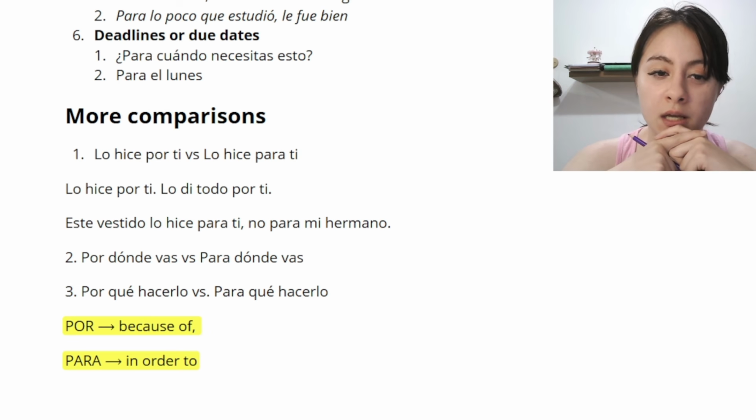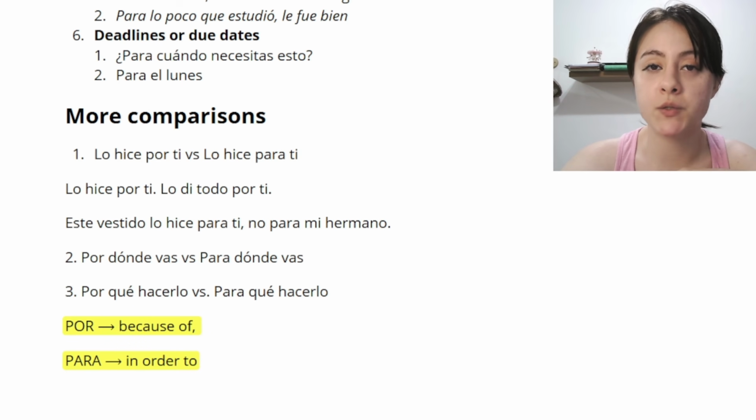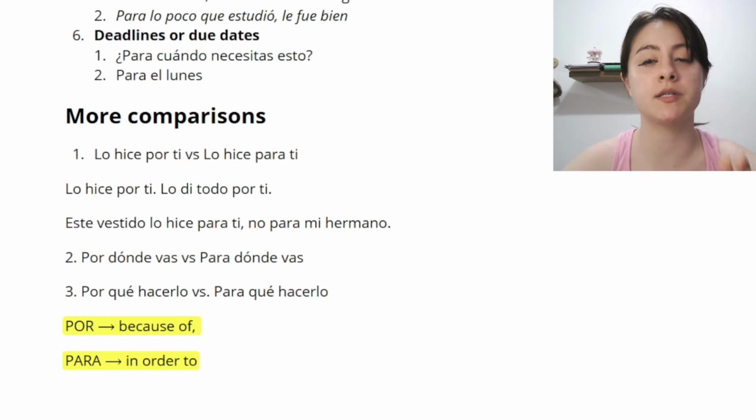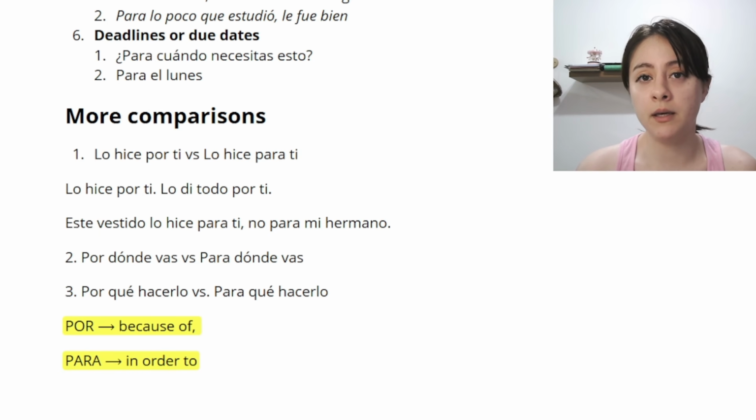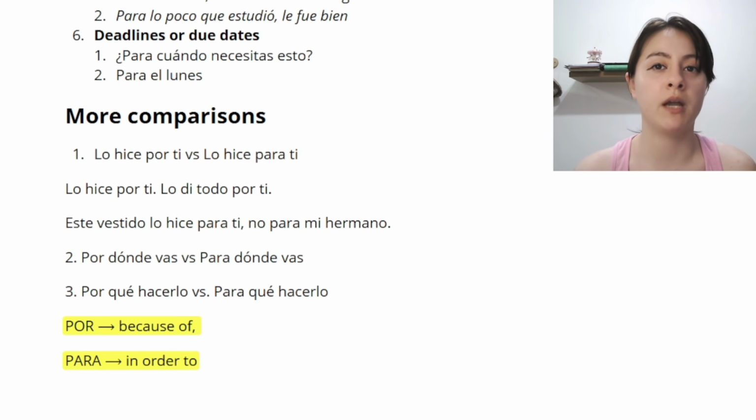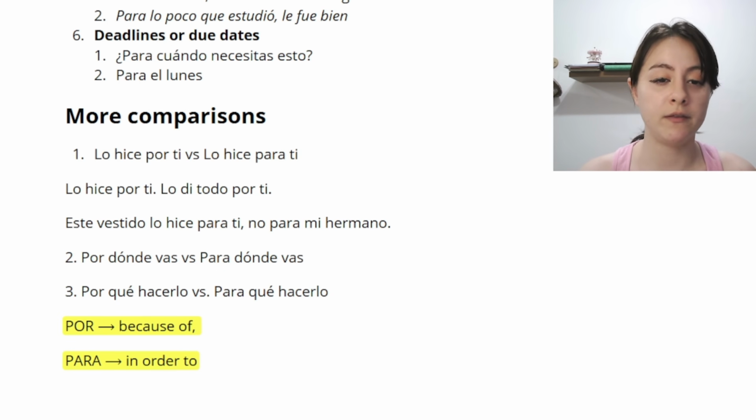You see, ¿por qué hacer algo? Means why do something. ¿Para qué hacerlo? Implies a certain result. A what for. ¿Para qué? For what? ¿Por qué? Simply why.